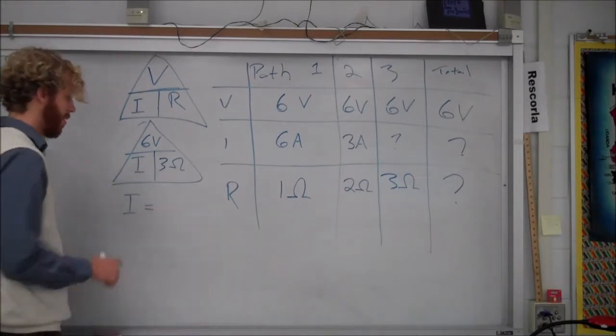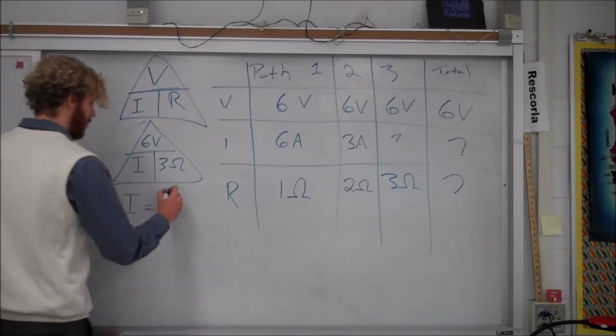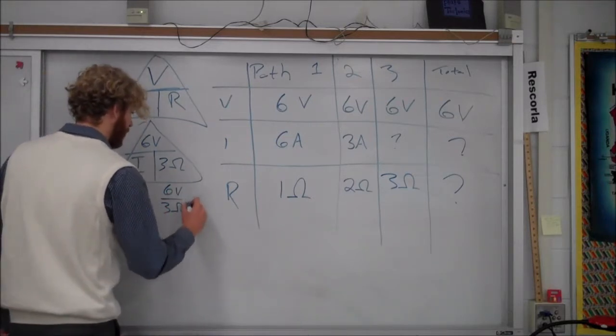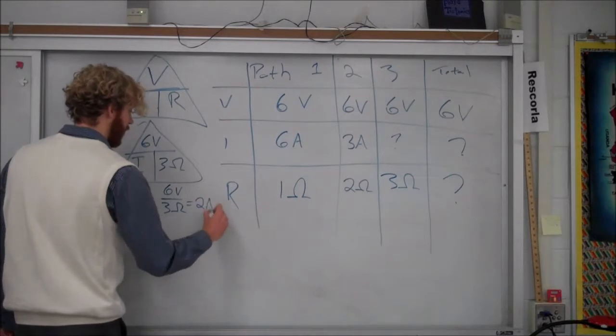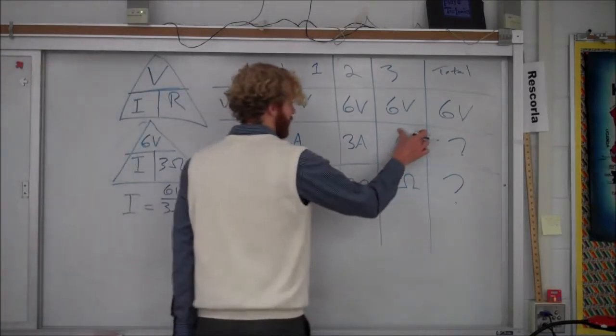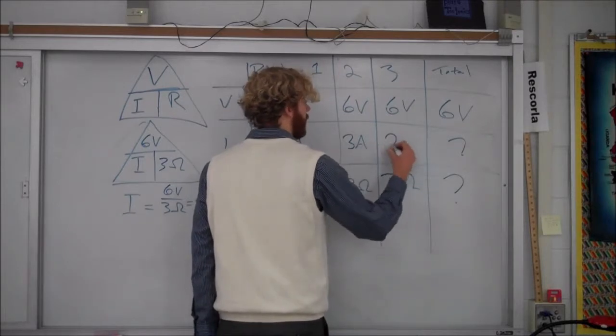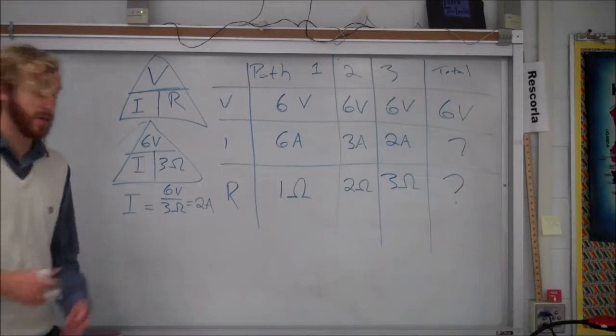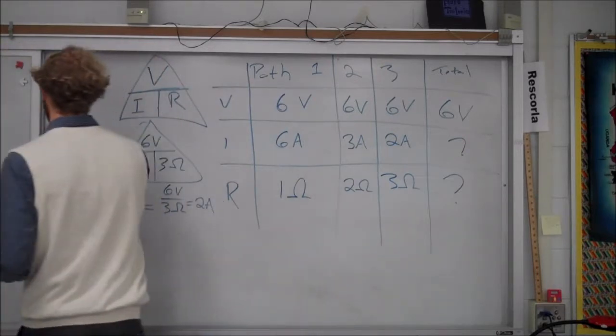Our current is unknown, so our I equals 6 volts divided by 3 ohms, and we get 2 amps. 6 divided by 3 is 2. So that is our path 3 current.